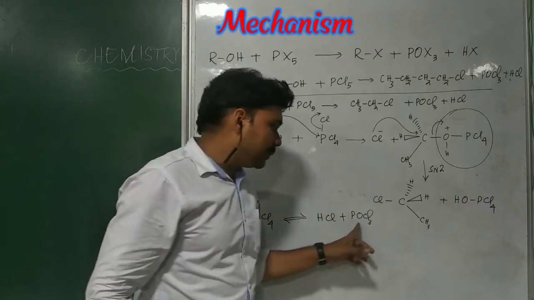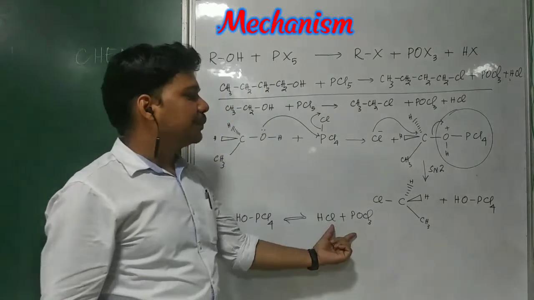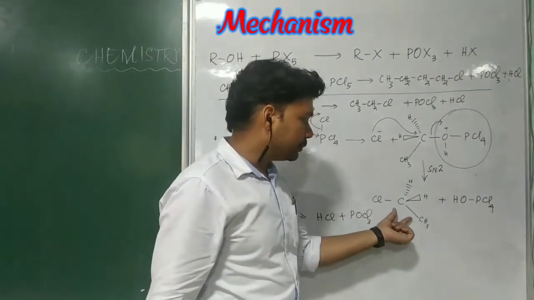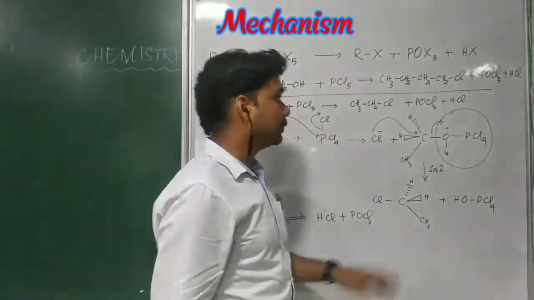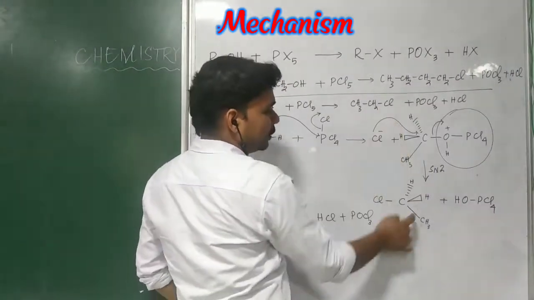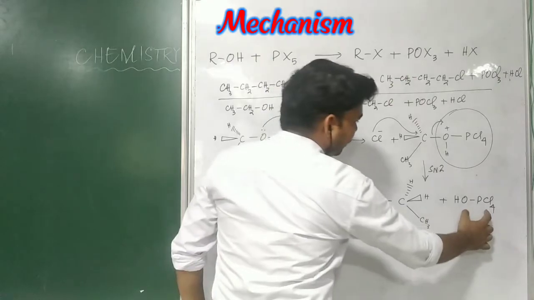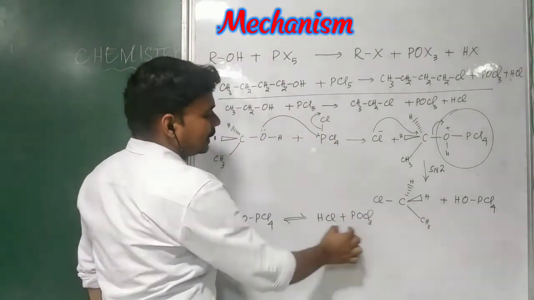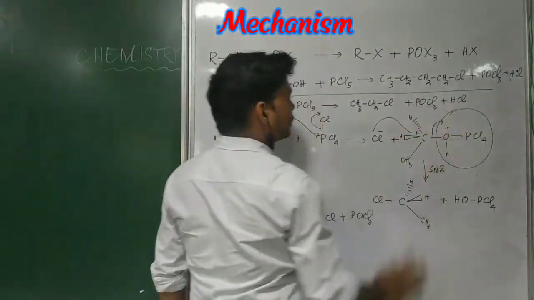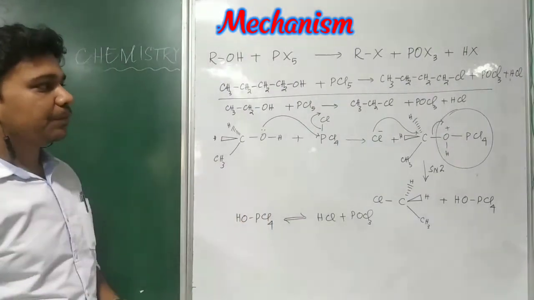So HCl and POCl3 are the final side products along with the formation of the ethyl chloride molecule. This is your ethyl chloride, and this side product has been split into HCl and POCl3. So this is about the mechanism.